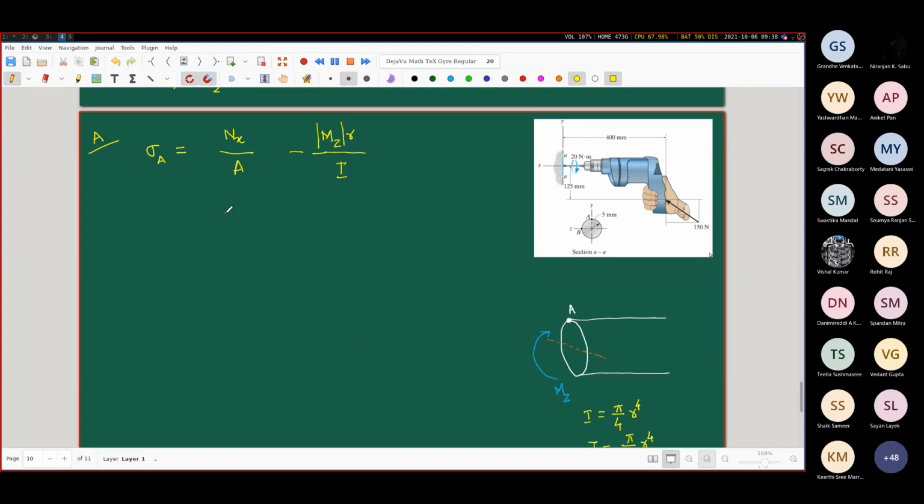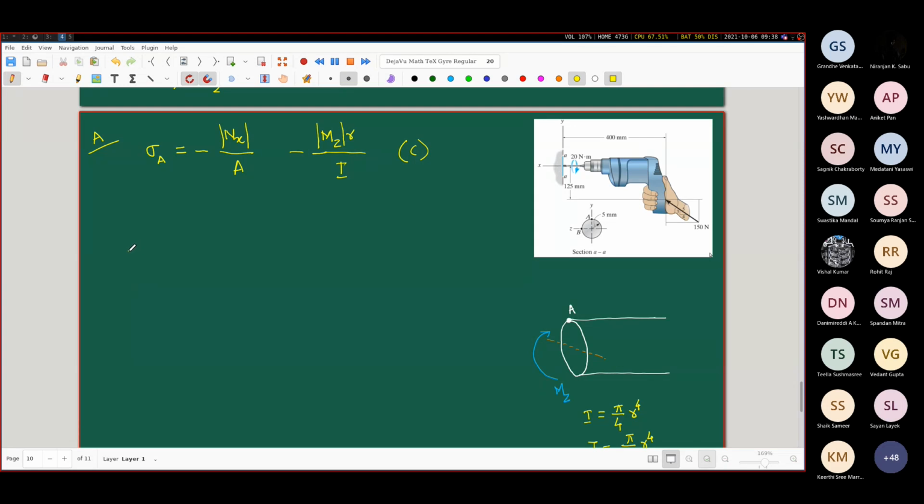Compressive. So here also we put a negative sign and put the modulus here. And this is where the modulus actually makes sense. So everything is known. You calculate this value, you will get something. This will be a compressive stress. So everything is very explicitly written. Within the bracket, we write this as compressive. So much about the normal stresses.